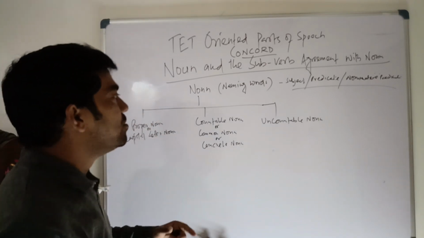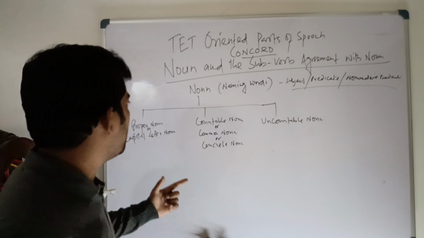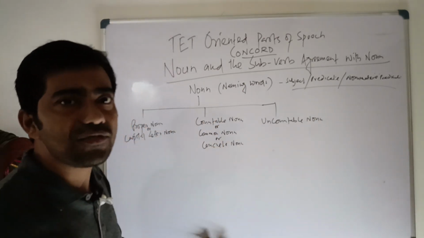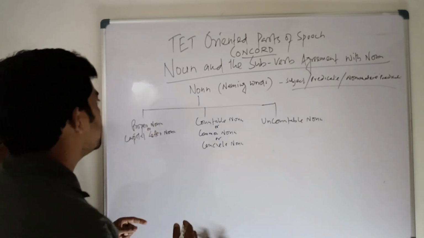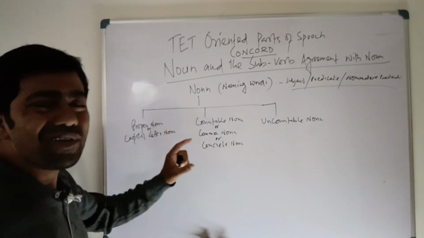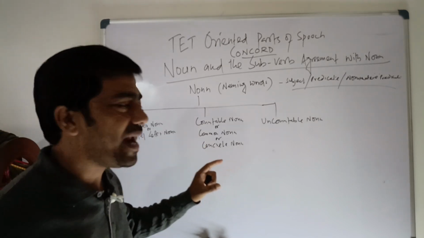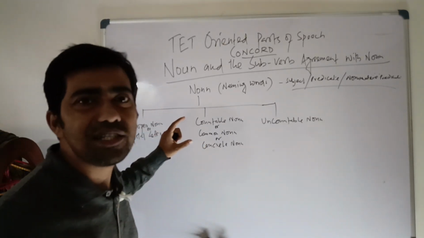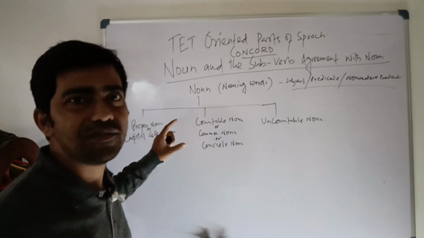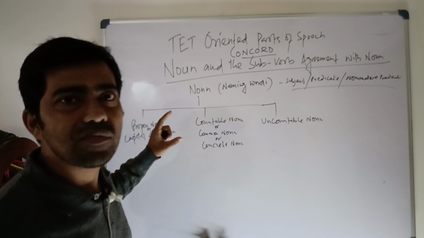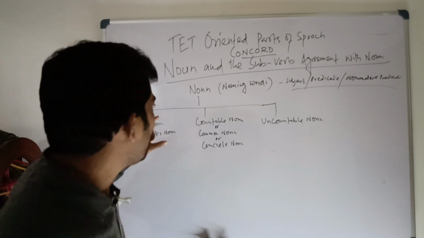Now we will learn about the various more classifications of nouns. So proper noun is capital letter noun. The words that begin with a capital letter, and it is used for only singular sense. The name of a place, the one name, etc. All right.